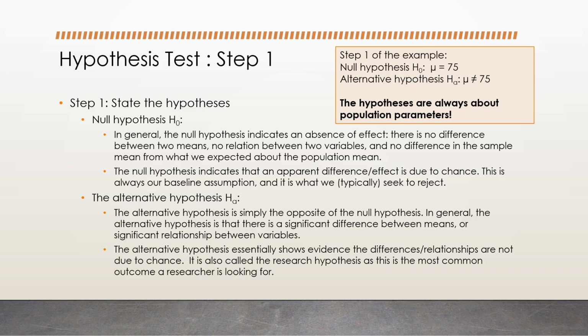The alternative hypothesis is also called the research hypothesis because this is usually the outcome a researcher is looking for. For our example, the alternative hypothesis HA is mu not equal to 75. Notice that the null and alternative hypotheses together cover all possible outcomes.